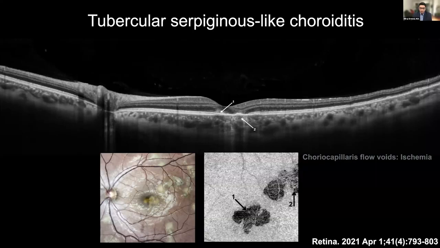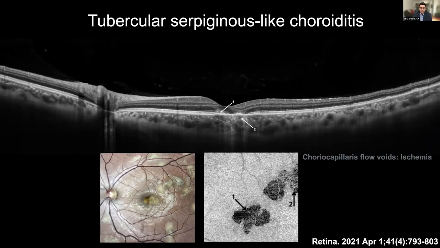This is a very important way to monitor eyes that have the tubercular serpiginous-like choroiditis, to monitor for conditions of paradoxical worsening as treatment is initiated, and also monitor response to treatment, because you do expect to see a gradual reduction in the size of these choriocapillaris flow voids.